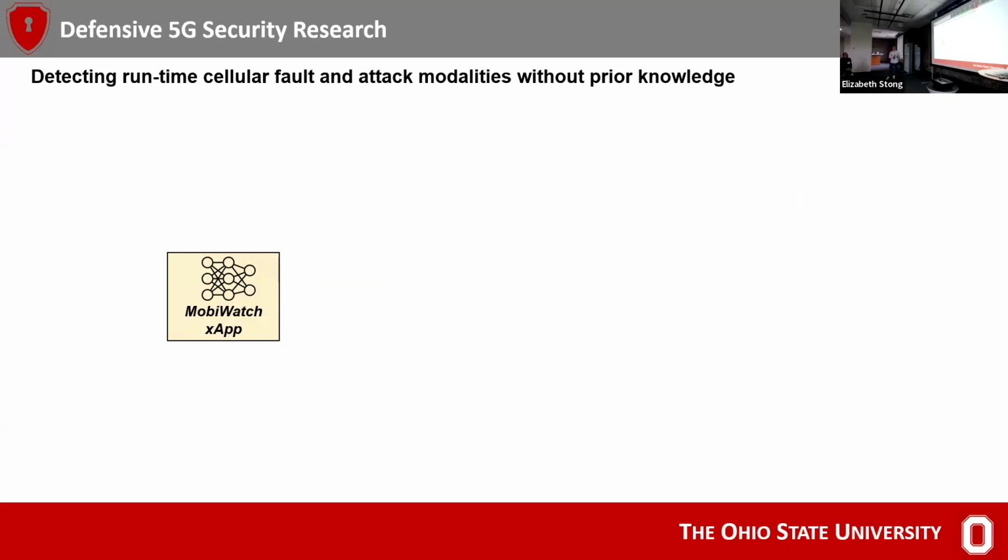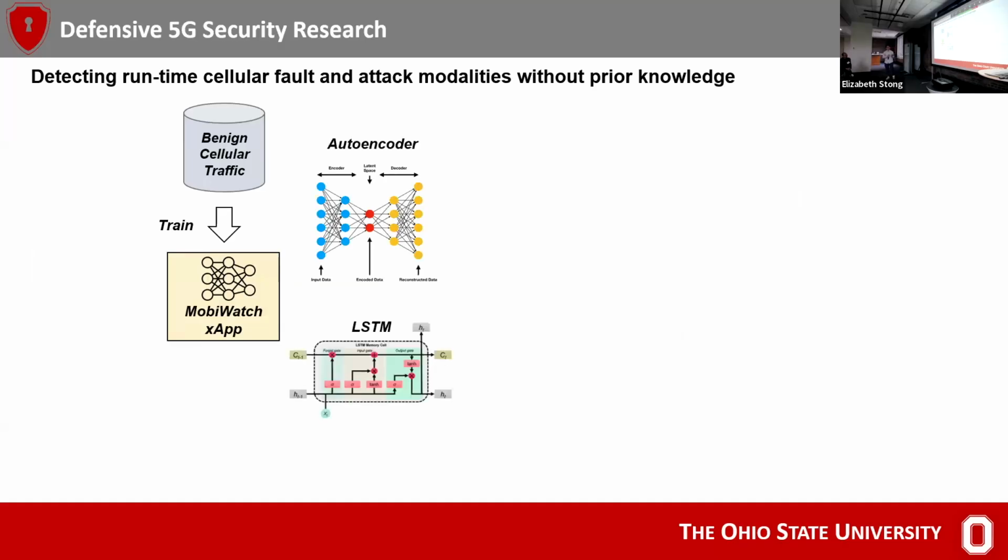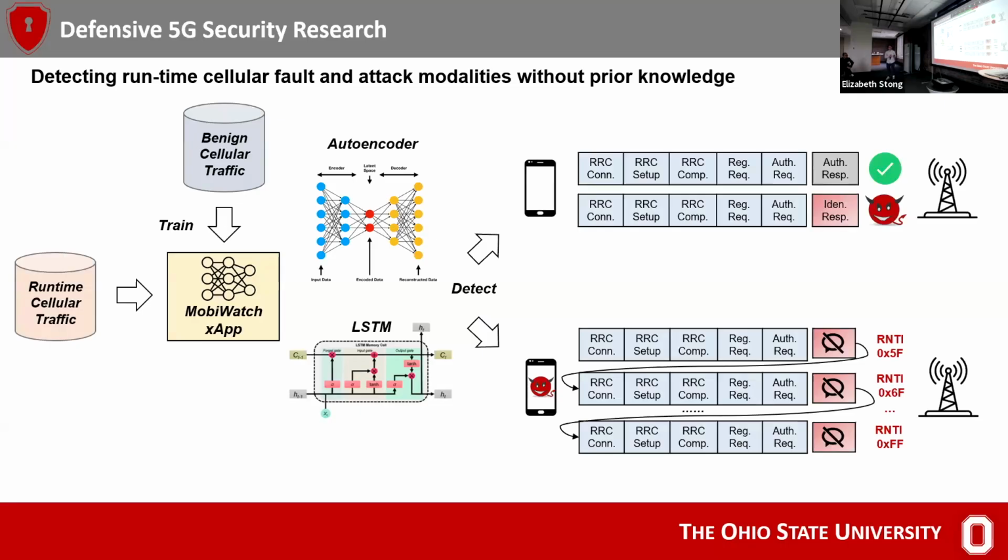For the MobiWatch xApp, we use benign cellular traffic to train the xApp. We explore two popular deep learning options, autoencoders and LSTMs. The MobiWatch xApp is then able to tell whether the runtime traffic deviates from the normal traffic it has been trained on, so that we can detect abnormal traffic patterns that may include attacks and abnormal behavior within the network.